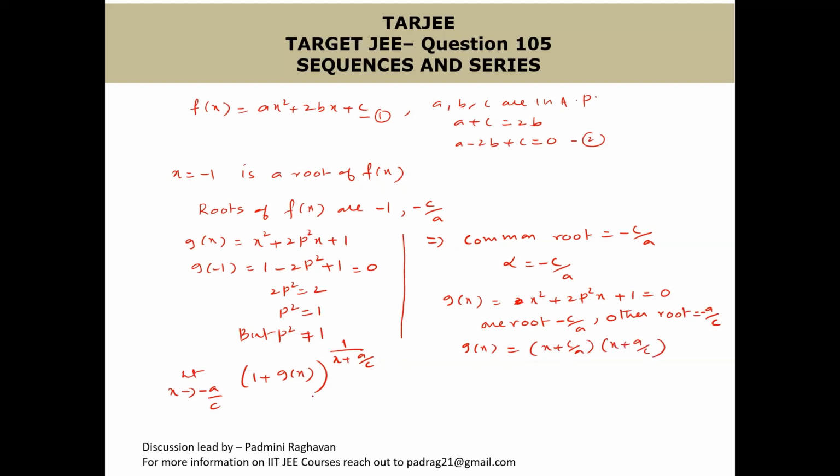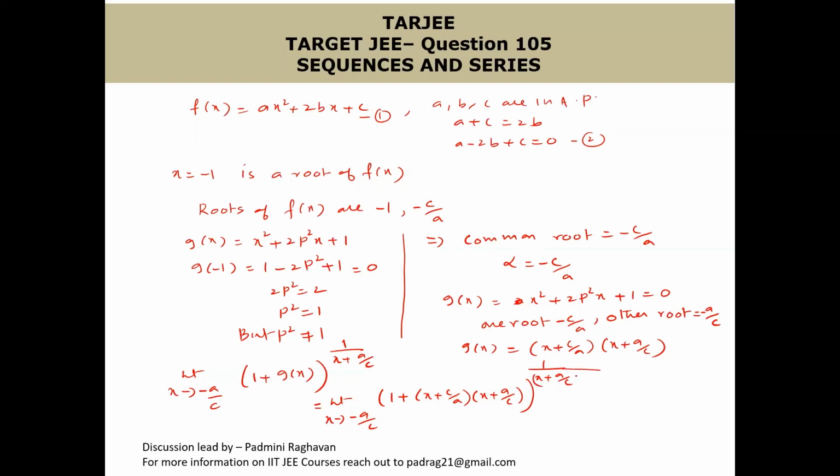Now let us go back and substitute for g(x). The limit as x tends to −a/c of (1 + (x + c/a)(x + a/c)) to the power of 1/(x + a/c). When you substitute x = −a/c, this becomes 0, so it becomes a 1 to the power infinity form.